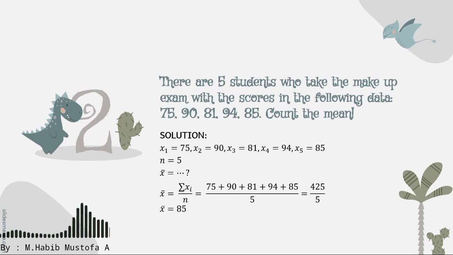And then we can find x bar. Like the first question, x bar is sigma xi divided by n. So x bar is 425 divided by 5. So the x bar equals 85.